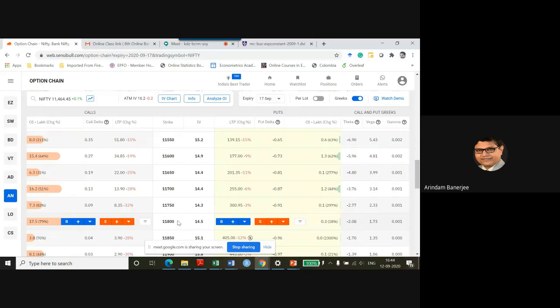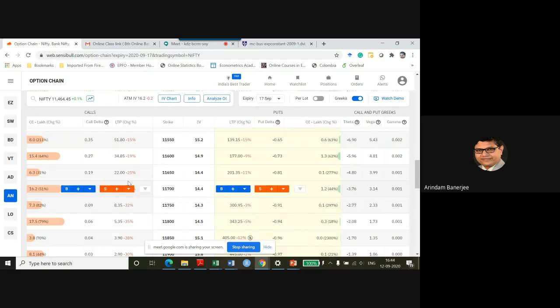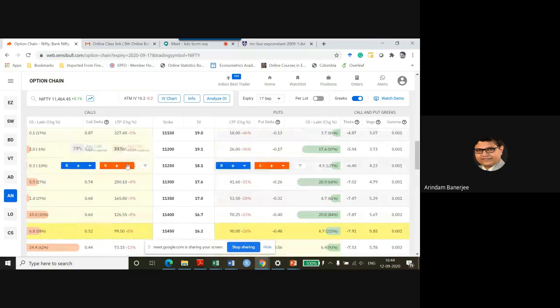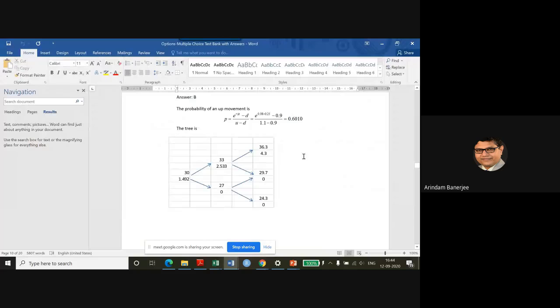On 17 September, if you open this option chain at 3:25 p.m., then all the out of the money options you will find are 0. Only for the in the money options will the intrinsic value remain in the LTP. The others will become 0. So now I got the last line entirely.